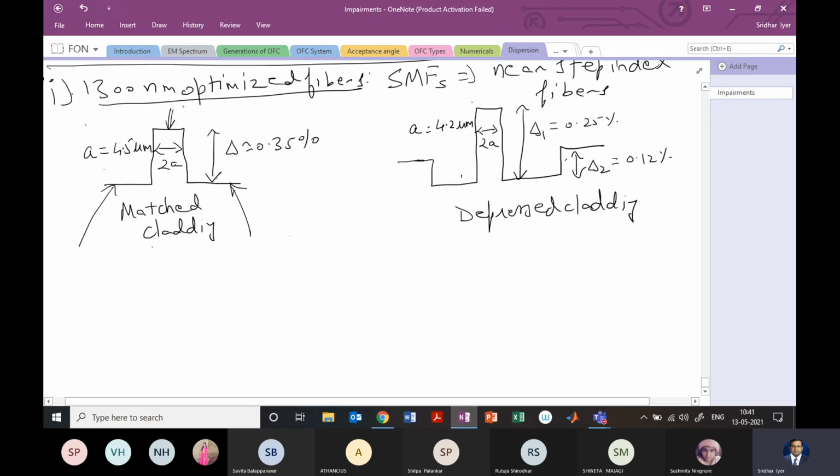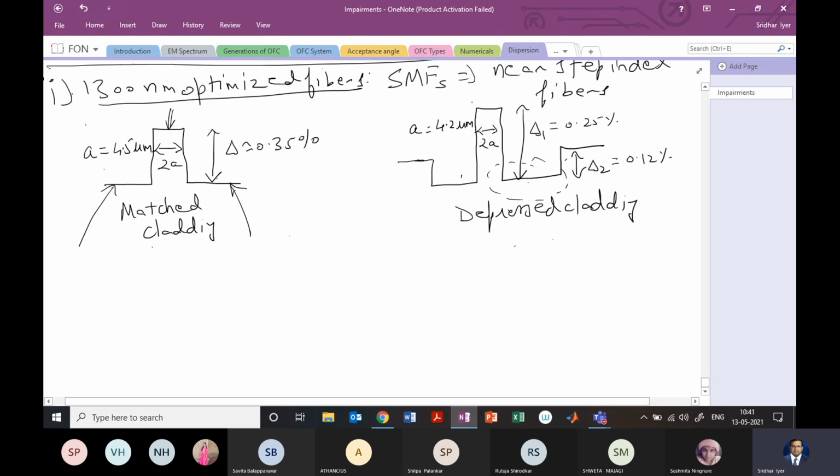You can also have the depressed cladding fibers, and in these fibers, as you can see in the diagram on the right, look at the cladding portion which is next to the core, right? Let me draw the arrow so that you can understand: the cladding portion next to the core is this one. I'm dotting it.